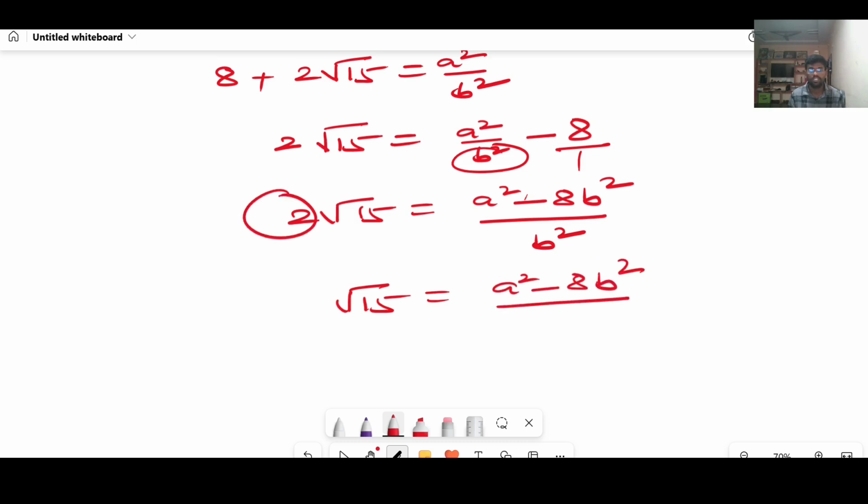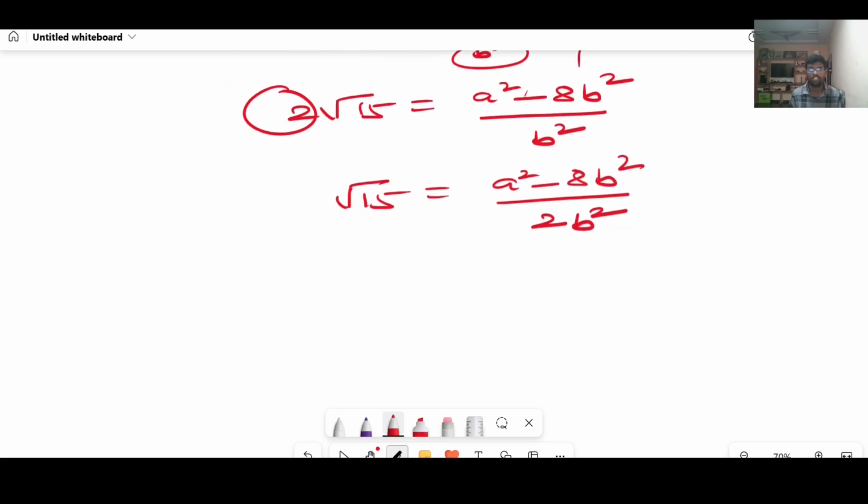What 2 is doing here? 2 is multiplying, right? If it transposes to this side, that will divide whatever the numerator is there, right? Clear? Now here in the right hand side we have a square minus 8b square by 2b square. In the left hand side we have root 15, right?